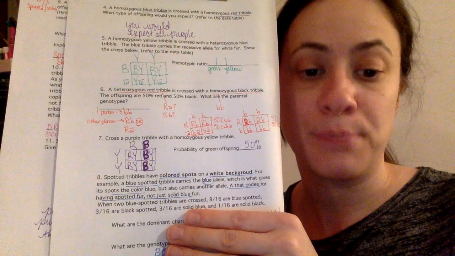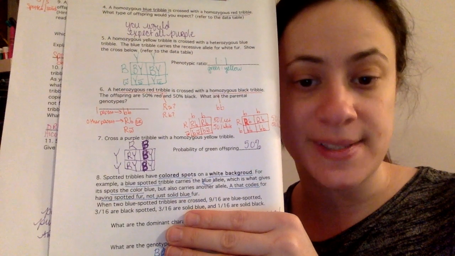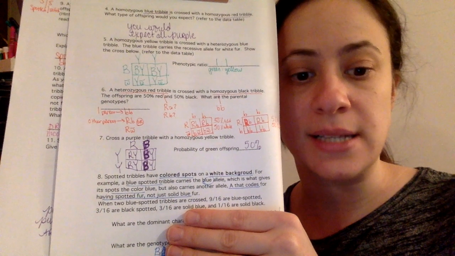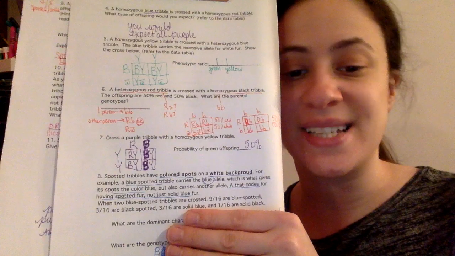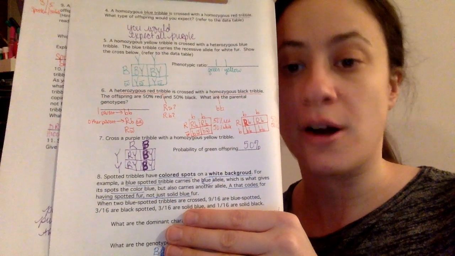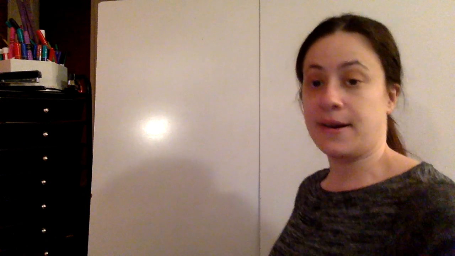When two blue spotted tribbles are crossed, 9/16 are blue spotted, 3/16 are black spotted, 3/16 are solid blue, and 1/16 are solid black. So for this one, what are the dominant characteristics?